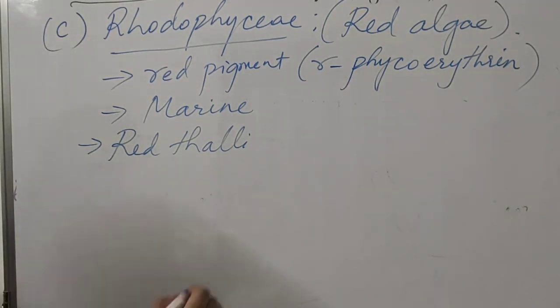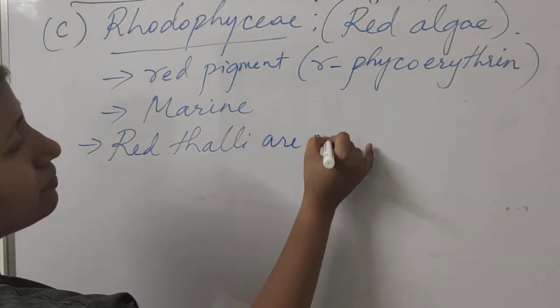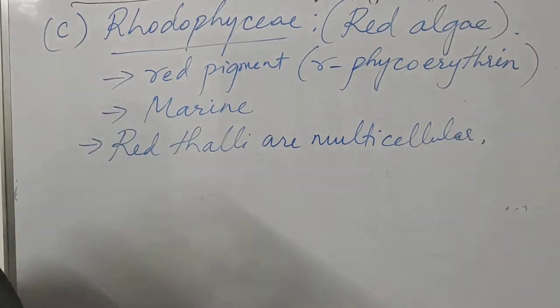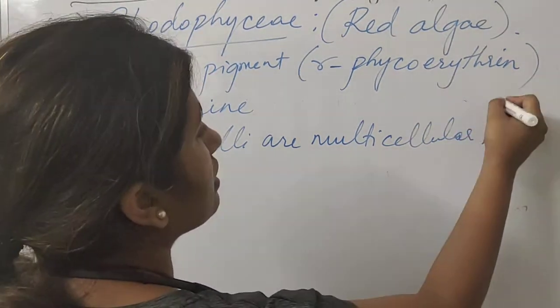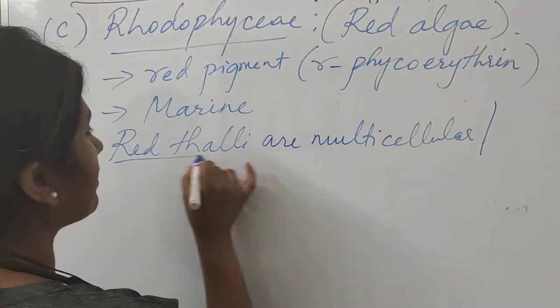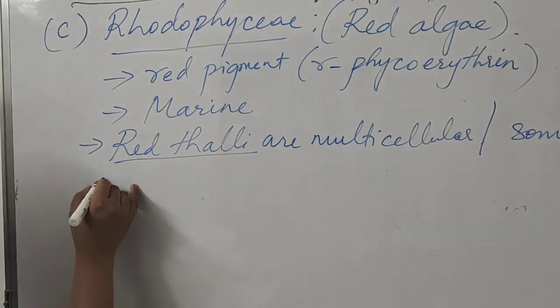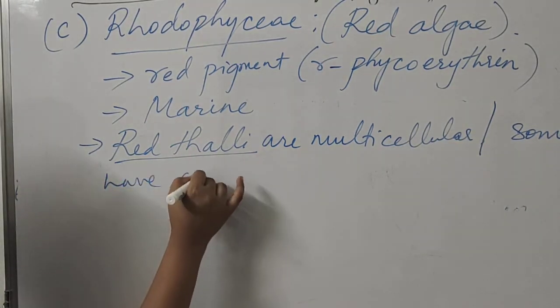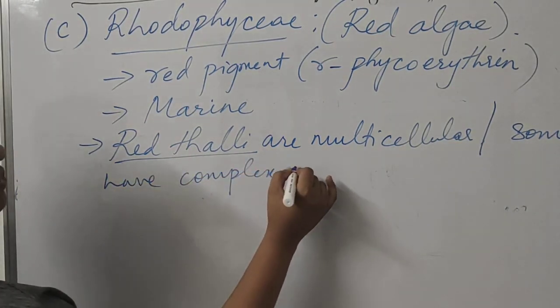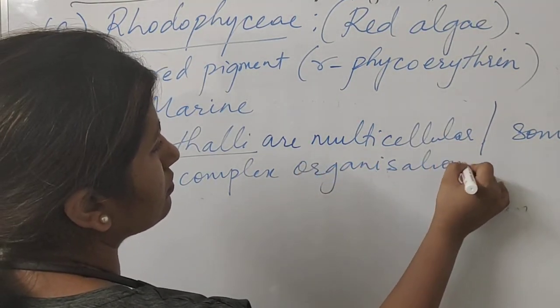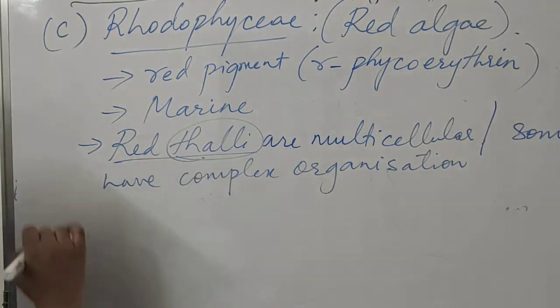Red thalli are multicellular, and some, very few, have complex organization, which means they have tissues. Some thalli can be modified into a complex organization.